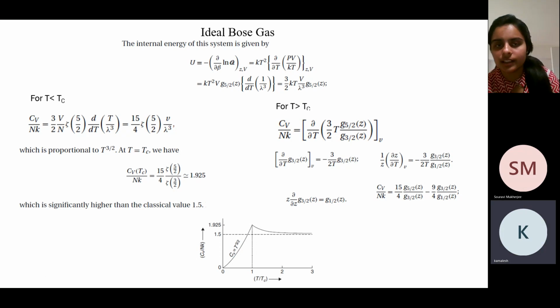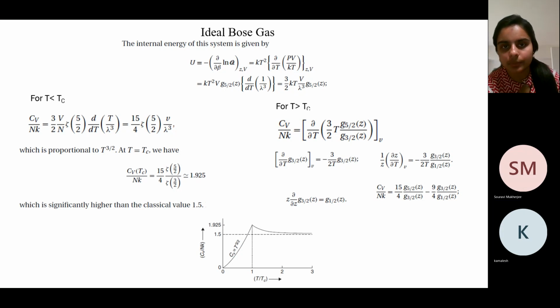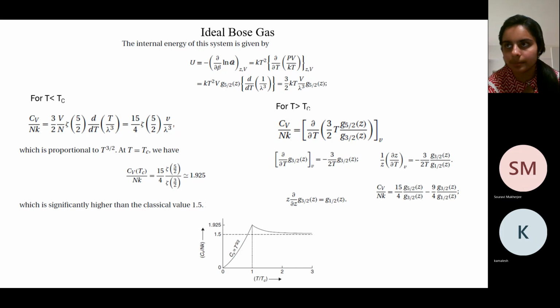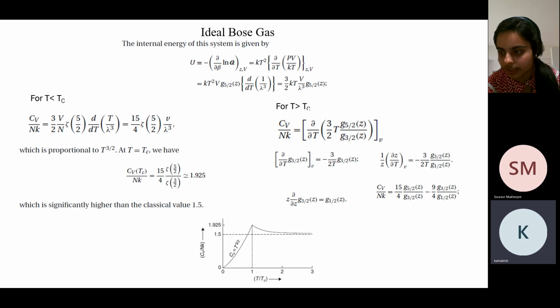So what we just discussed are the different properties of Bose gas. What happens at Bose-Einstein condensation? What is the mean occupation number? How does the fugacity change below the critical temperature and above the critical temperature, and all those derivations? You know all this, right? Yes, ma'am.